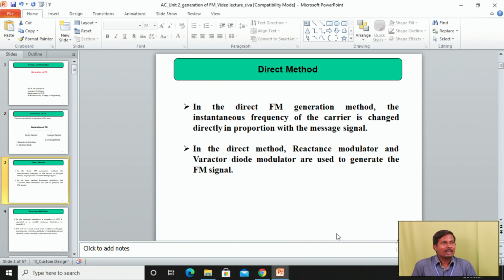In the direct method of FM generation, the instantaneous frequency of the carrier is changed directly in proportion with the message signal. The message signal may be an information signal or baseband signal. In the direct method, reactance modulator and varactor diode modulators are used to generate the FM signal.